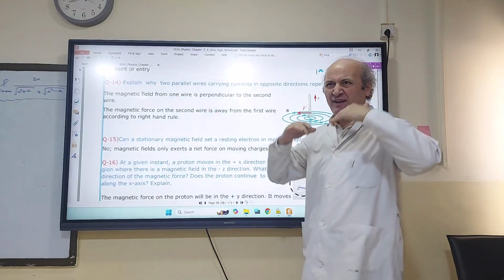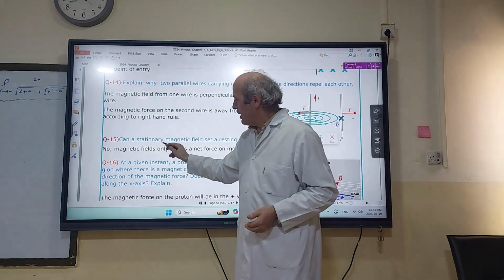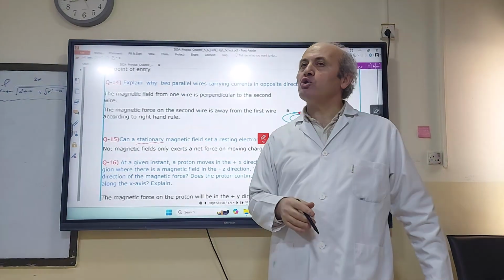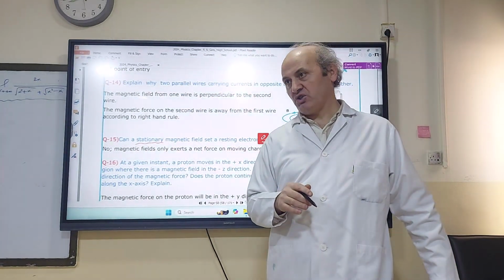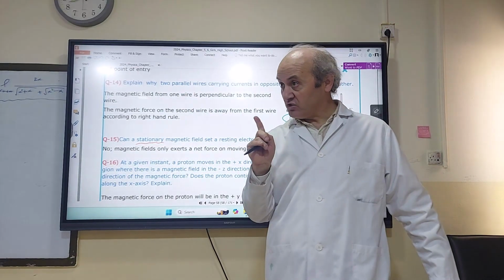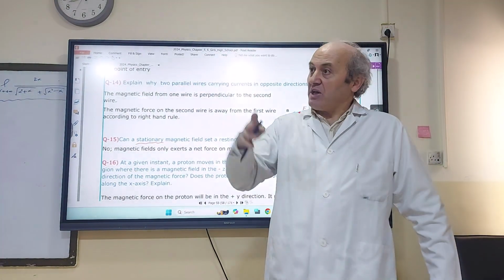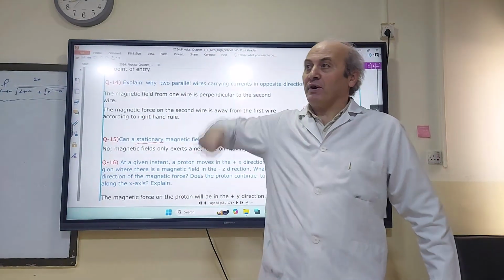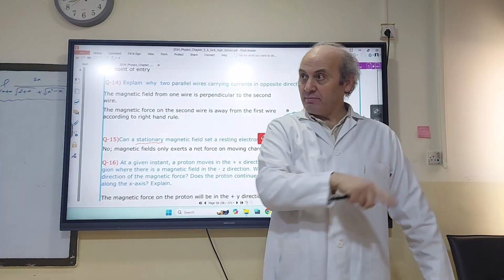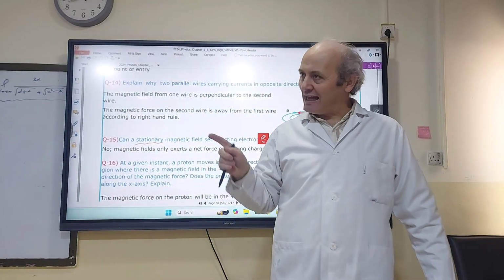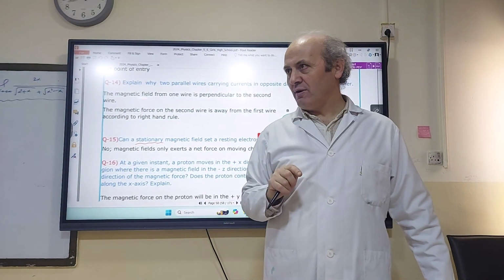This is advanced physics, but a variable magnetic field can also set a charge into motion if it is not stationary, meaning not uniform, not constant. Yes, electromagnetic waves have a magnetic component which is changing with time. And this magnetic field, changing with time, can set a charge into motion.